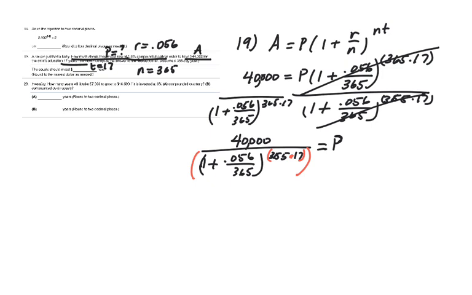Okay. So we have 40,000 divided by, open parentheses, 1, and we'll do an extra. So 2 open parentheses, 1 plus 0.056 divided by 365, close parentheses, raised to the open parentheses, 365 times 17, close parentheses, and then move it down out of the exponent and close it again.